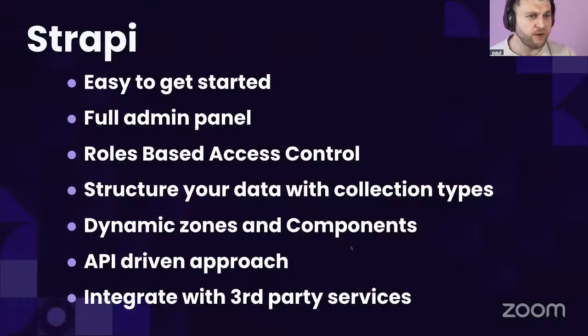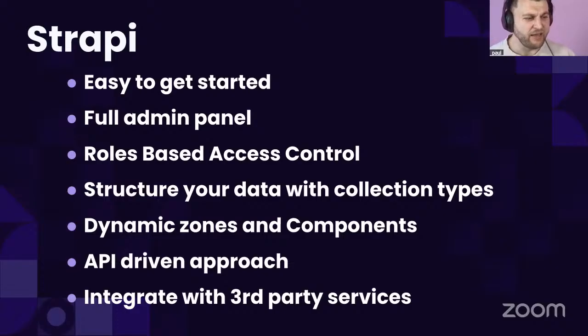And so from the start, Strapi is very easy to get started. You get a full admin panel, API, and role-based access control. You structure data using collection types, and you have dynamic zones if you want to easily give editors the ability to manage their content and only show the data that they want.